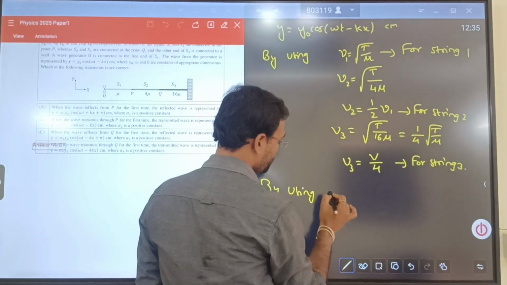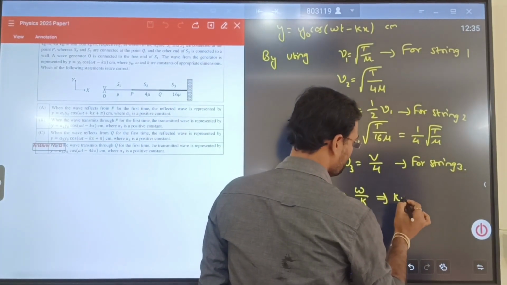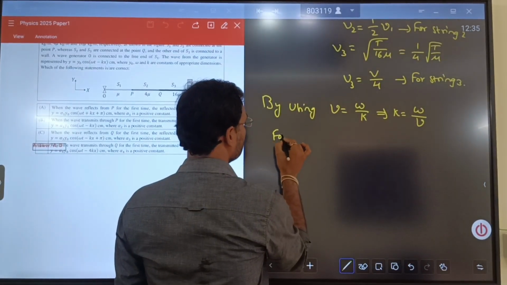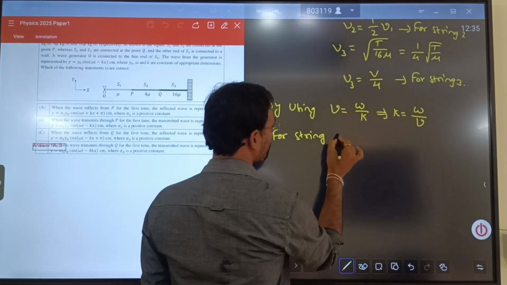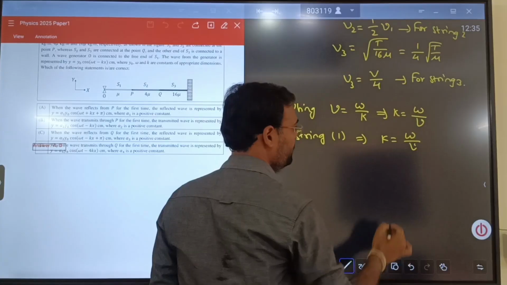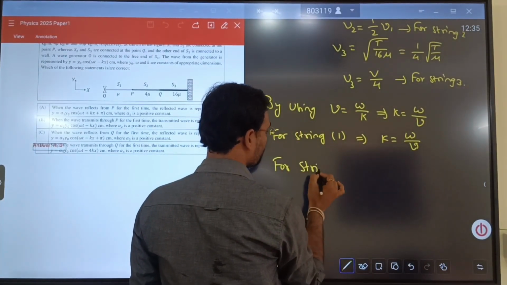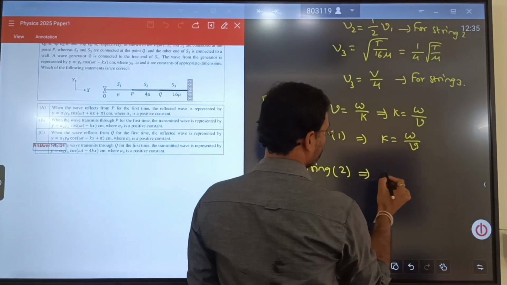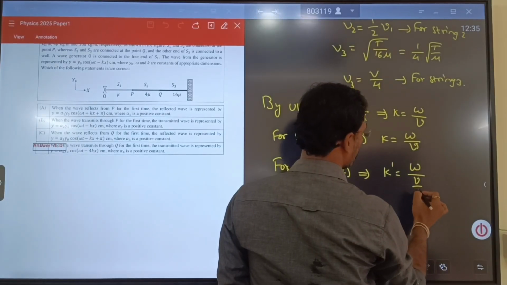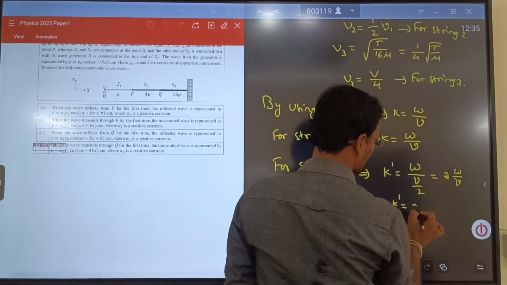Now, by using V equals omega by K, we can write K equals omega by V. For string 1, K equals omega by V as usual. For string 2, K dash equals omega by V by 2, that is 2 omega by V, which equals 2K.